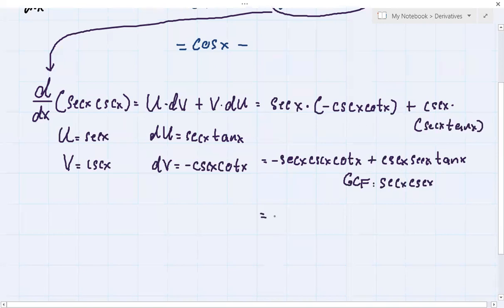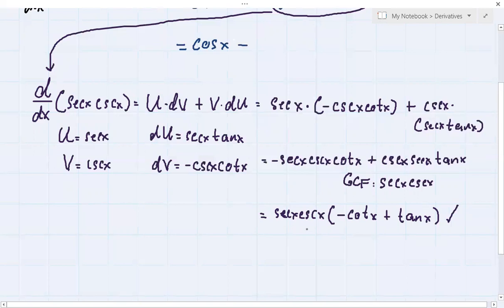So, because of that, we can factor it out. Therefore, we have secant x times cosecant x times the quantity negative cotangent x plus tangent x.